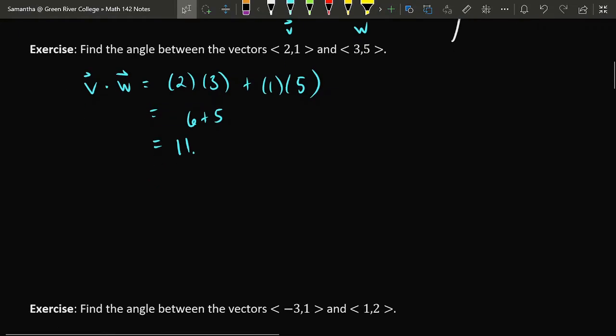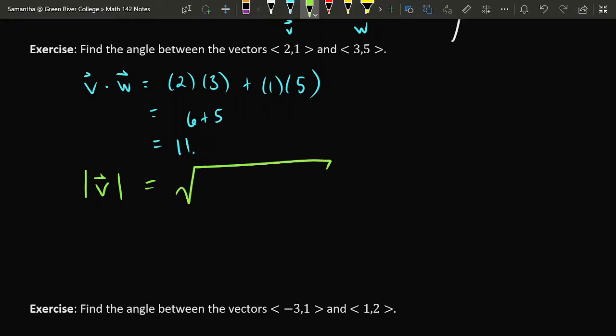The next thing that I'm going to do is find the length, the magnitude, of the vector v. Now, magnitude squared is equal to x squared plus y squared. So the magnitude by itself must be equal to the square root of x squared plus y squared. So 2 squared plus 1 squared is 5.